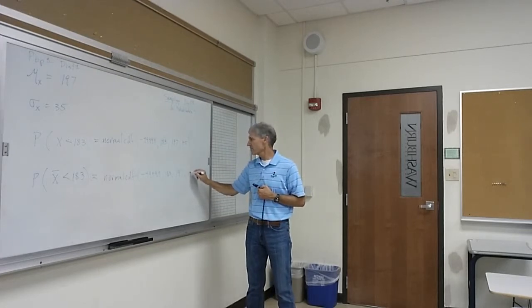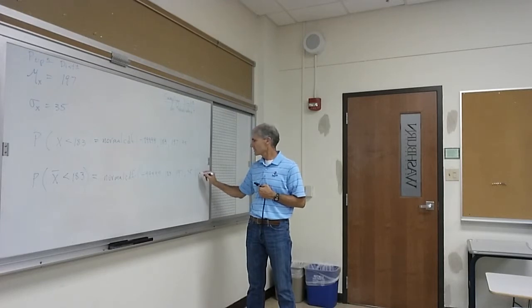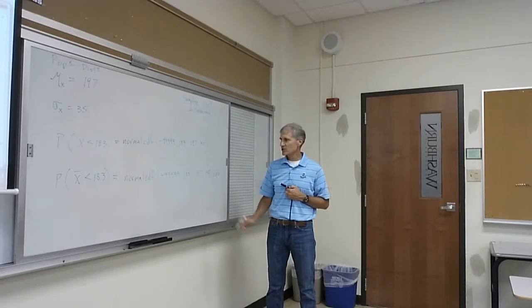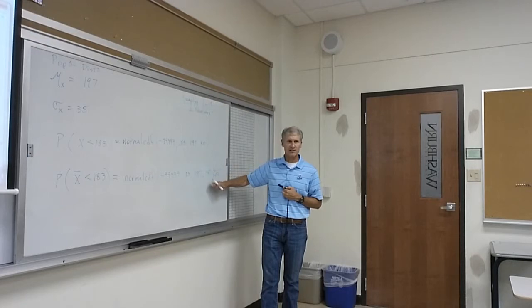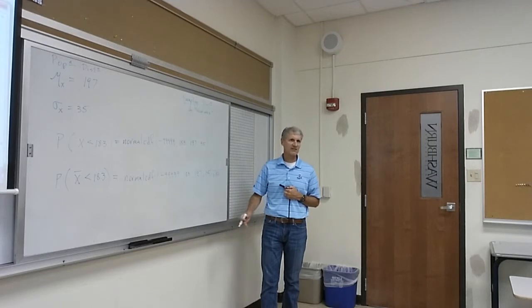Type in 35 slash square root of 150. Then you won't have round-off error from having computed this and then typed it in to 3 decimal places or whatever. This is the most accurate way to do it. Plus it saves you a step.